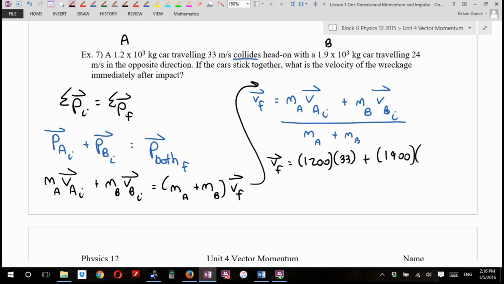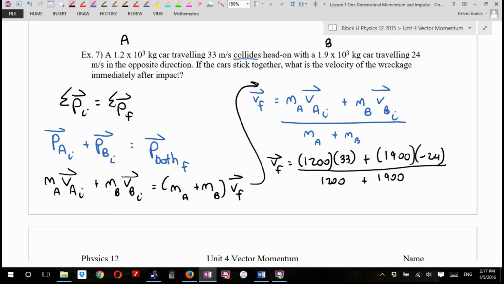Now, I'm going to tell you right now, I guarantee if I gave you this question on the test and it was multiple choice, I would have the positive 24 answer there for you to pick from. Direction matters. Momentum is a vector. Be paranoid, Mitchell, about your directions. Divided by 1,200 plus 1,900.